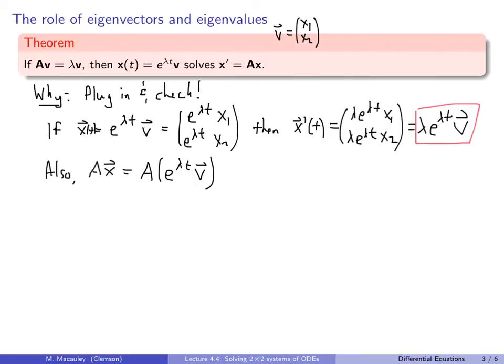This is just a scalar valued function, and we can pull it out in front of the matrix. We cannot change the order of operations of matrices and vectors, but this is just a function. So we can write this as e to the lambda t times A times v. And now, v is an eigenvector, so I can write this as e to the lambda t times lambda times v.